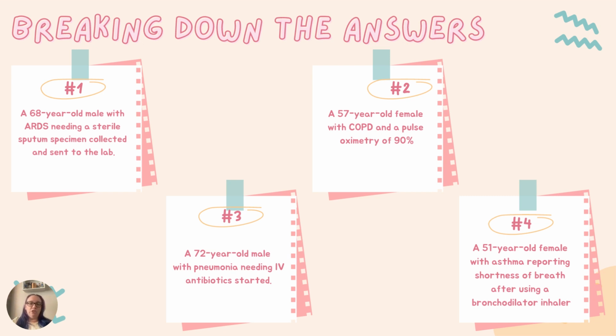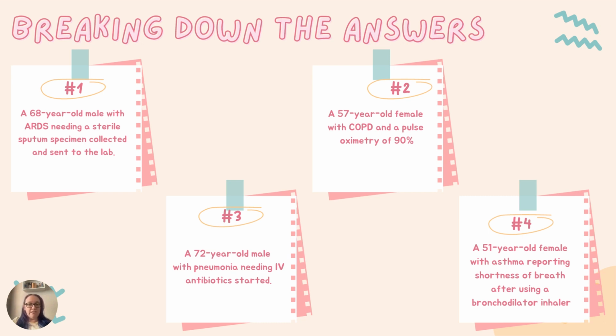And our third patient, a 72-year-old male with pneumonia needing IV antibiotics started. Are antibiotics important? Absolutely. Is it ever a priority to give somebody antibiotics? No. So our fourth patient, a 51-year-old female with asthma reporting shortness of breath after using a bronchodilator inhaler.